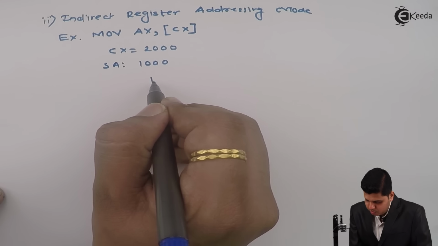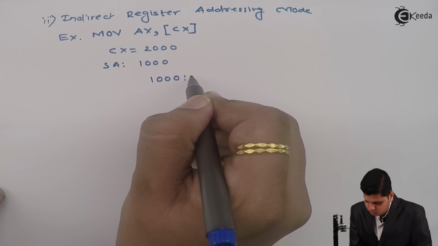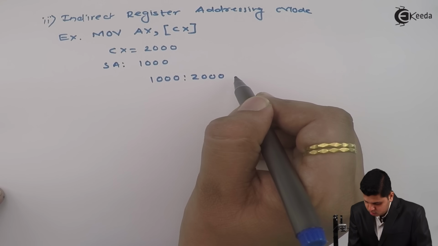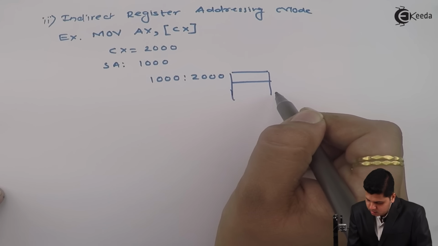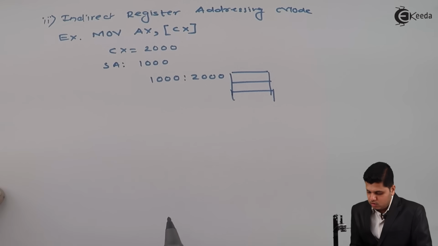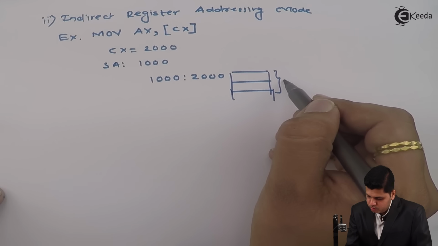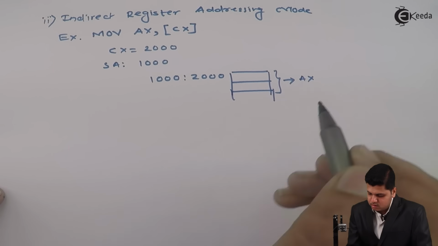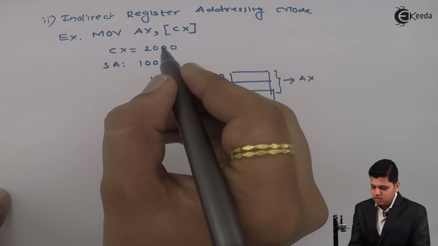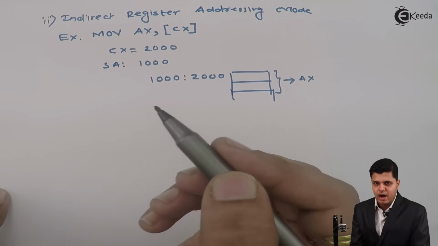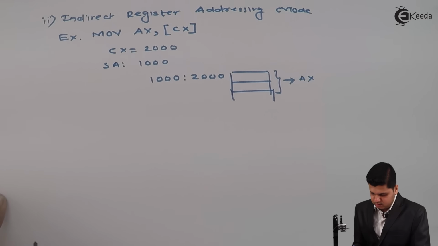The combination of 1000 and 2000 gives the address, and some value will be available in that memory. That memory value will be forwarded to the AX register. This is what happens in indirect addressing mode, which is used for specifying the address by using another register.